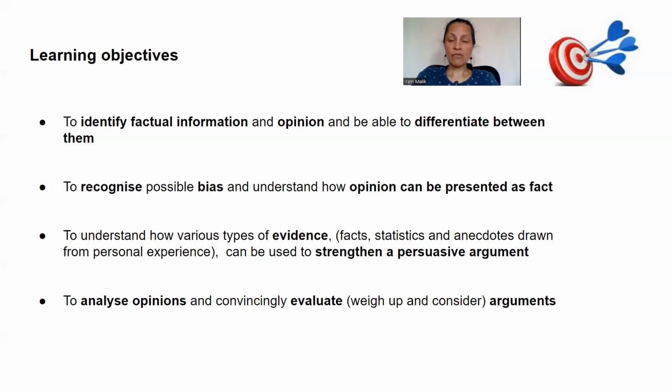So evidence from research studies, for example, scientific reports, facts, statistics, and also, on a more personal note, anecdotes drawn from the writer or speaker's personal life and their interactions with others or their experiences can be used to connect with the audience and support what they're saying. See, this happened to me, and it shows that it could happen. It's a source of evidence to support what the writer or speaker is saying.